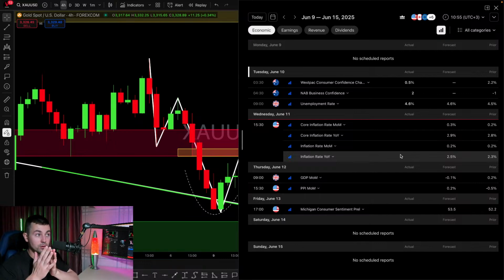So you can monitor the economic calendar, and what you will need to focus on is, of course, the high impact US news, because high impact US news are kind of the main trigger for strong directional movements and breakouts.